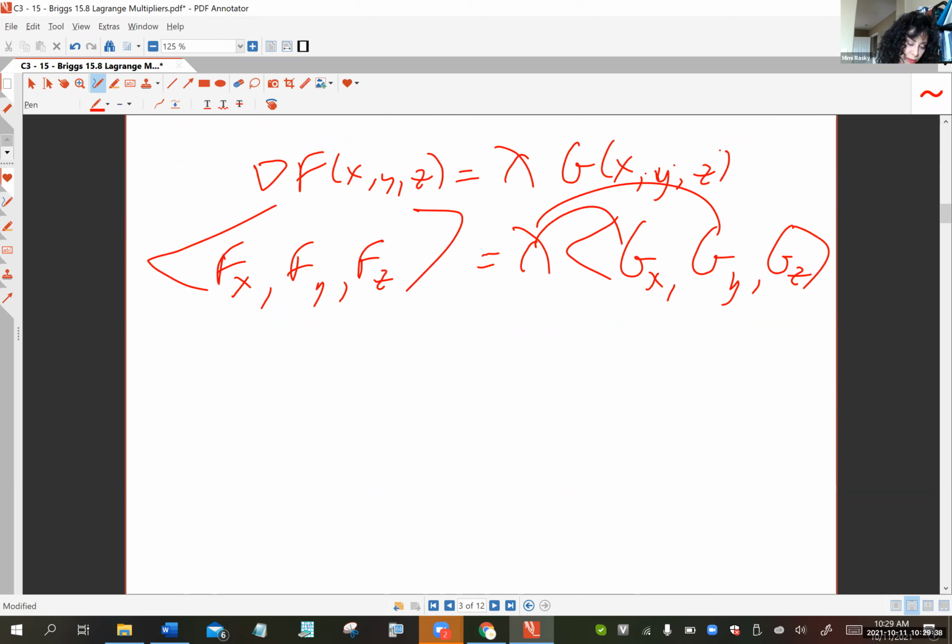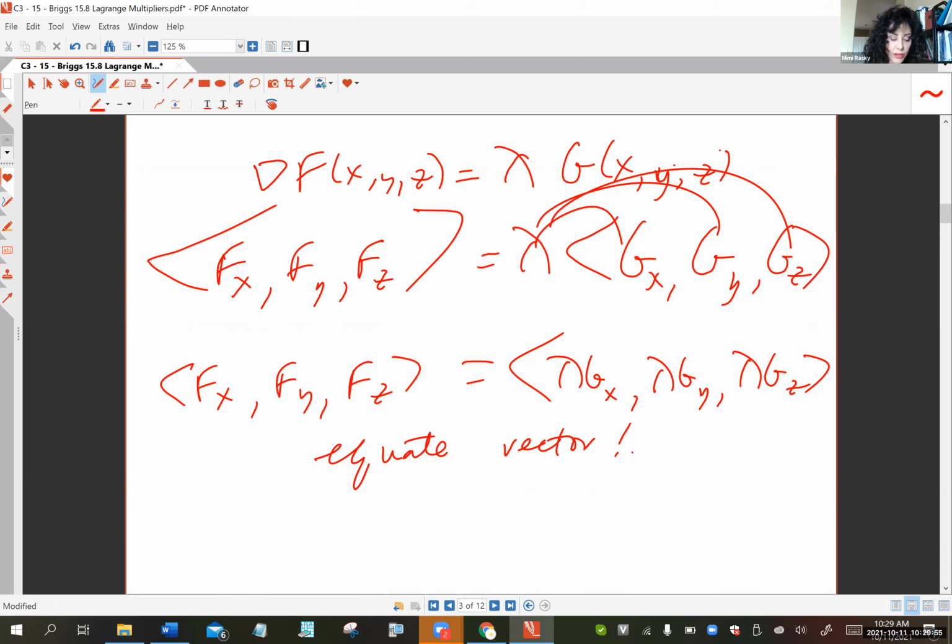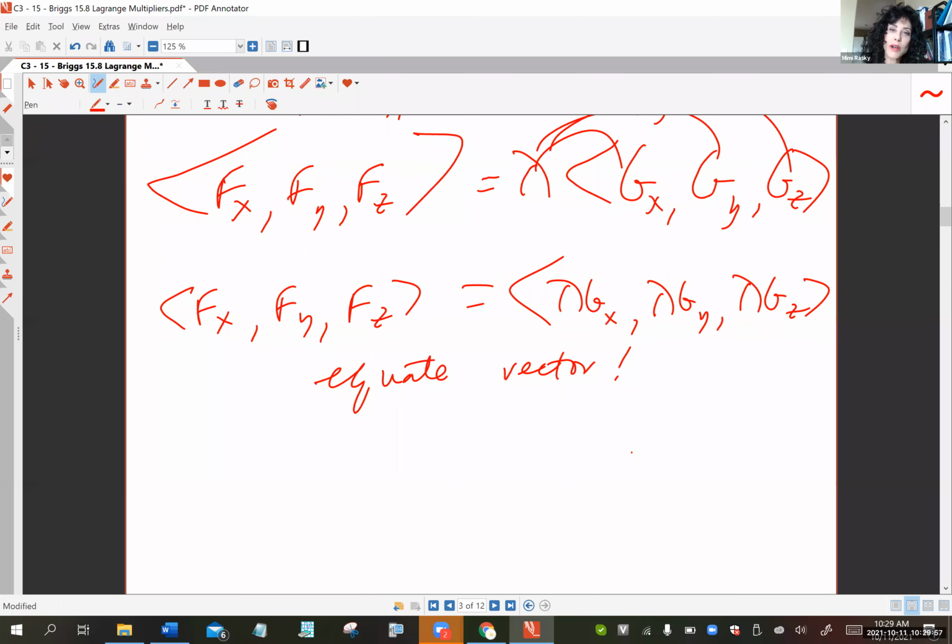And when I distribute this scalar over here, the lambda, the helper variable, our angel from heaven, also known as the Lagrange multiplier, then you equate the vectors. So the vector on the left had better be equal to the vector on the right-hand side. So that means that fx is equal to lambda gx, and so on and so forth.